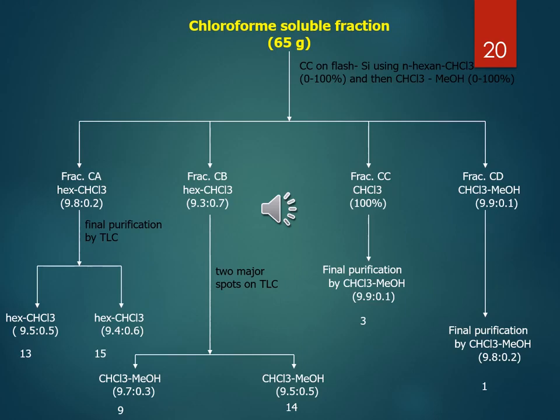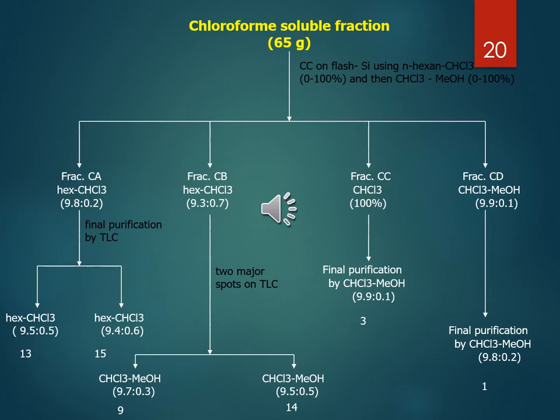The fraction Ca is further subjected to column chromatography over silica gel by using the organic solvent system 9.8 and 0.2% hexane chloroform. So we obtain two compounds, and those compounds are 13 and 15.